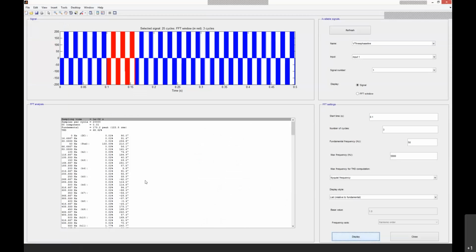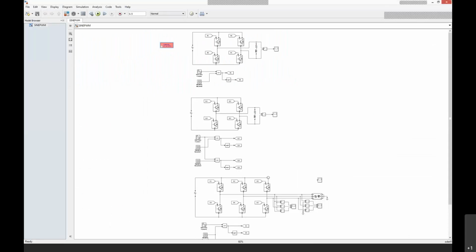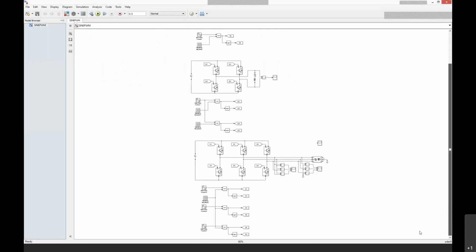I'm running this again. Right. So now you can see that all those harmonics will be eliminated, right?